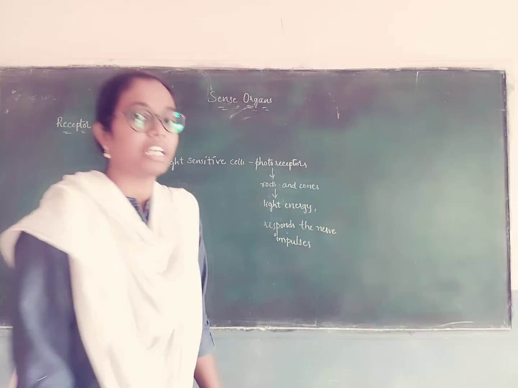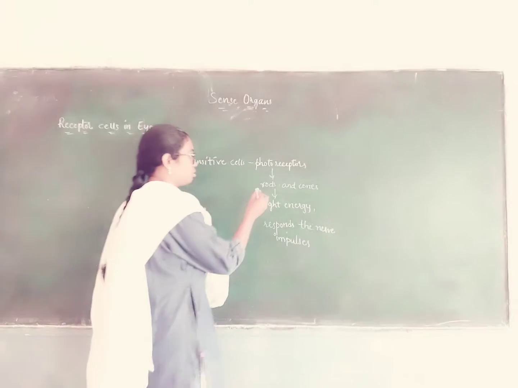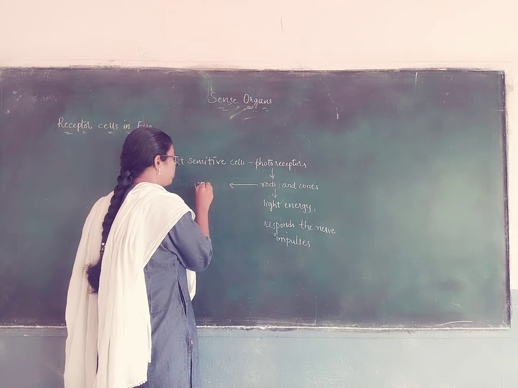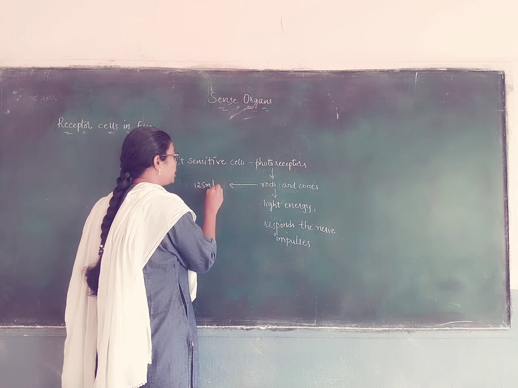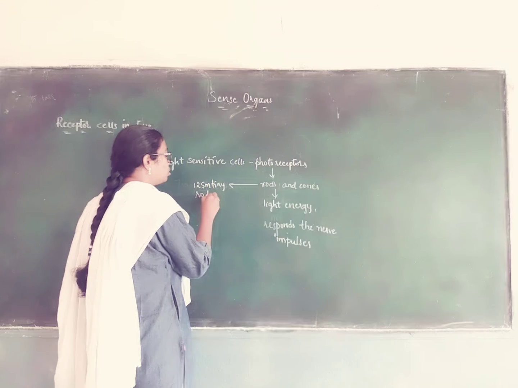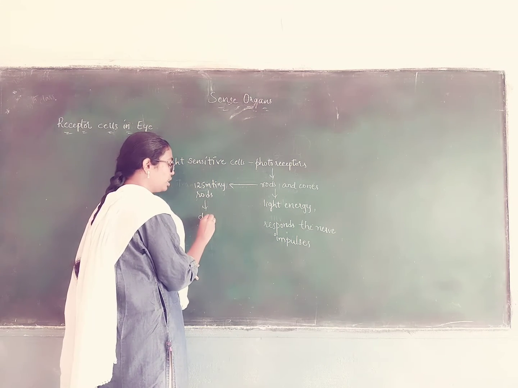So 125 million tiny rods will help us to see in the darkness.